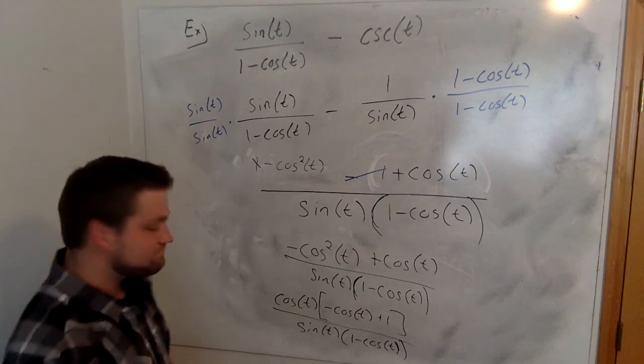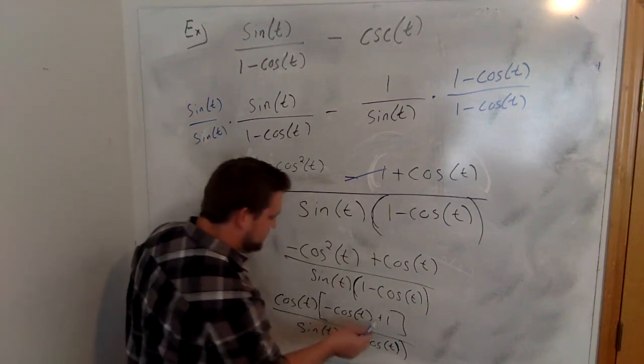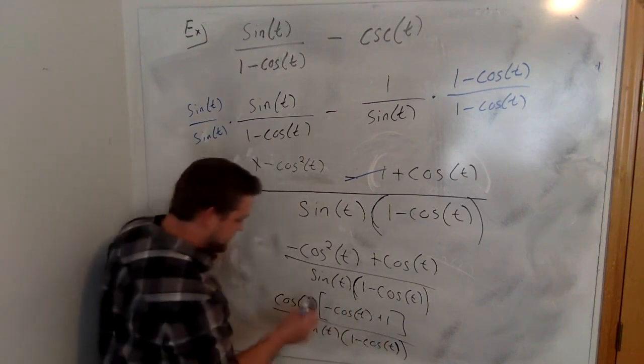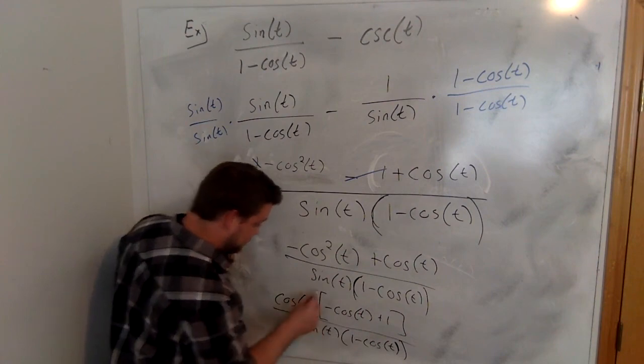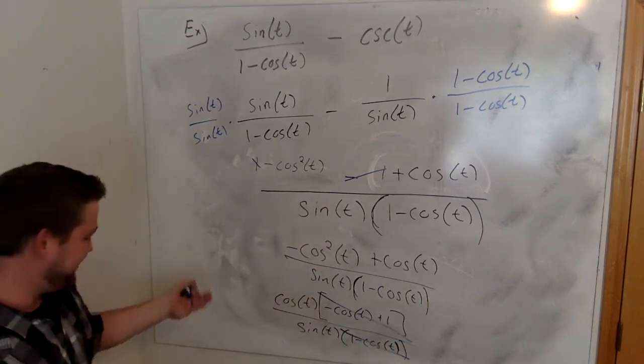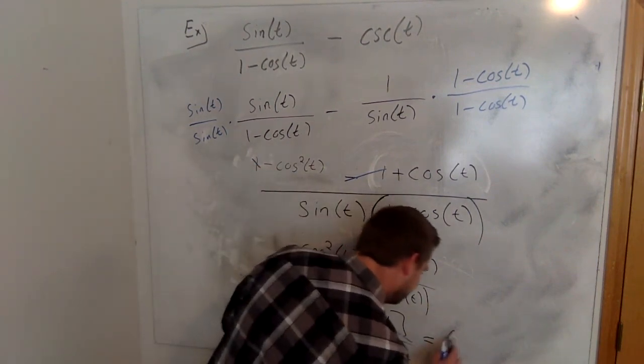Okay, cool. Well, negative cosine of t plus 1 is the same as 1 minus cosine of t. So notice that now it's all in terms of multiplication, these are common factors that can cancel out. And what do you know? This is the same thing as cosine over sine. It took us a little while, but we got there.